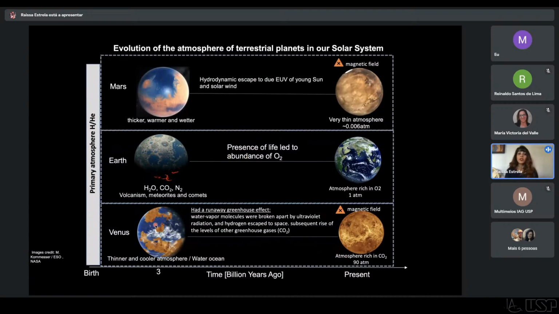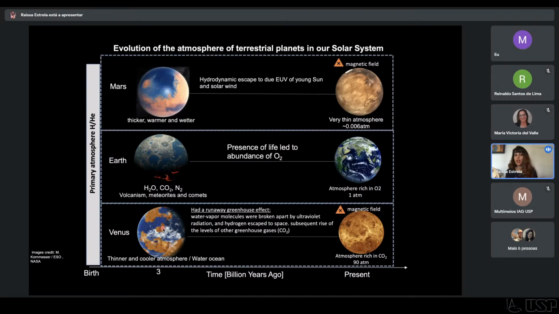While Venus, which is also considered to be an Earth twin in terms of size and density, it's believed that Venus was a way more hospitable environment in the past and had a thinner and cooler atmosphere, maybe even a water ocean, but all the water vapor molecules were broken apart by the ultraviolet radiation of the young sun.